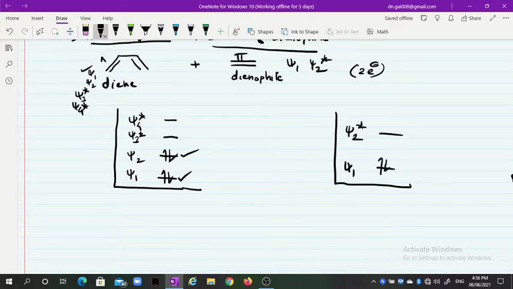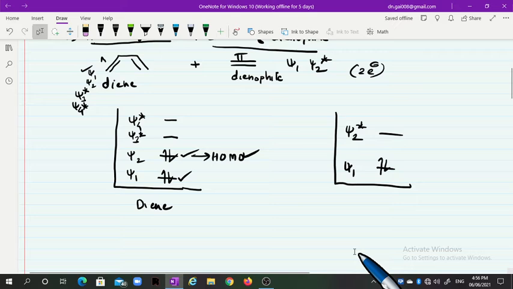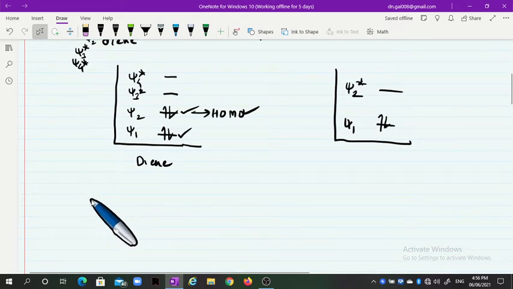In the first case we have considered HOMO of diene. HOMO means the highest occupied molecular orbital. This is the molecular orbital diagram for the diene system, and psi2 is the HOMO for diene.